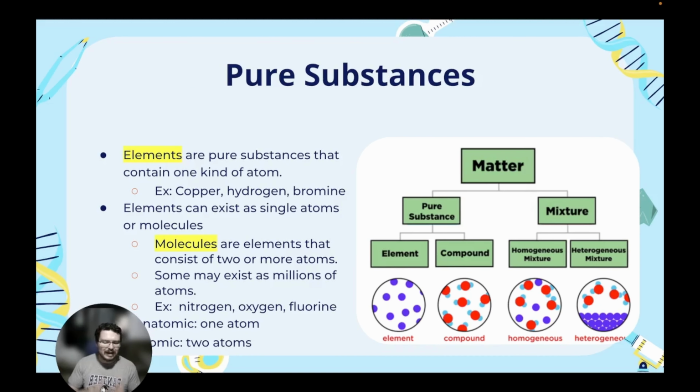And these elements can exist as single atoms or as molecules. So an element would just be one atom, a single atom. So I just have one atom of copper or I have one atom of chloride, whereas a molecule would be having multiple atoms. So for example, instead of having just nitrogen, I would have N2, or oxygen, pure oxygen is O2. So I have two oxygen atoms.